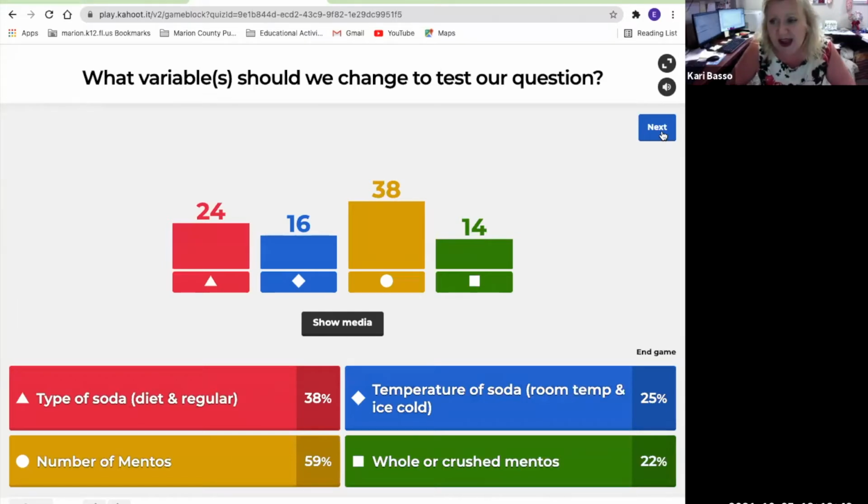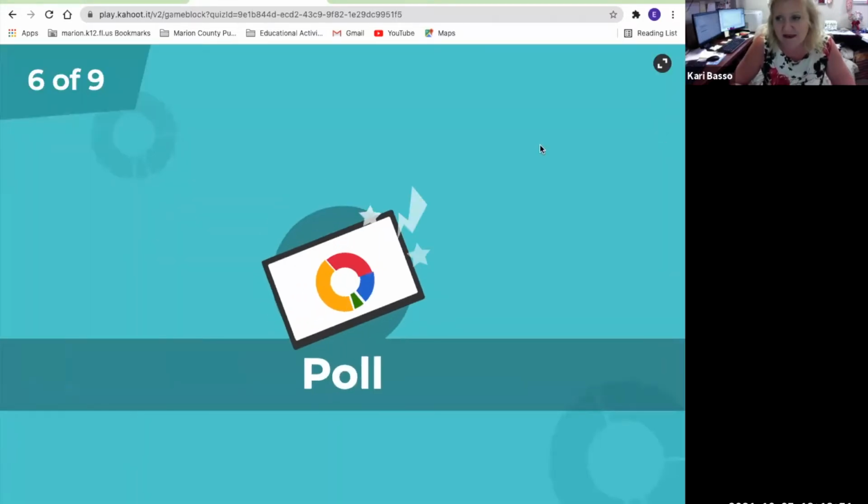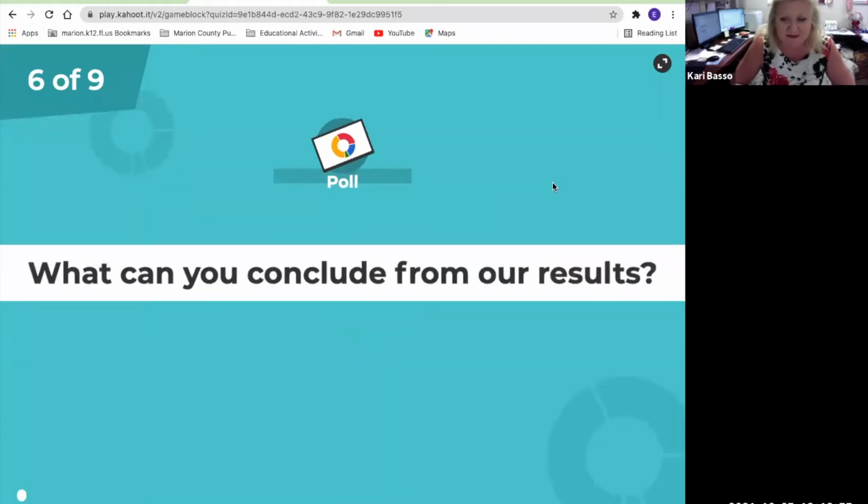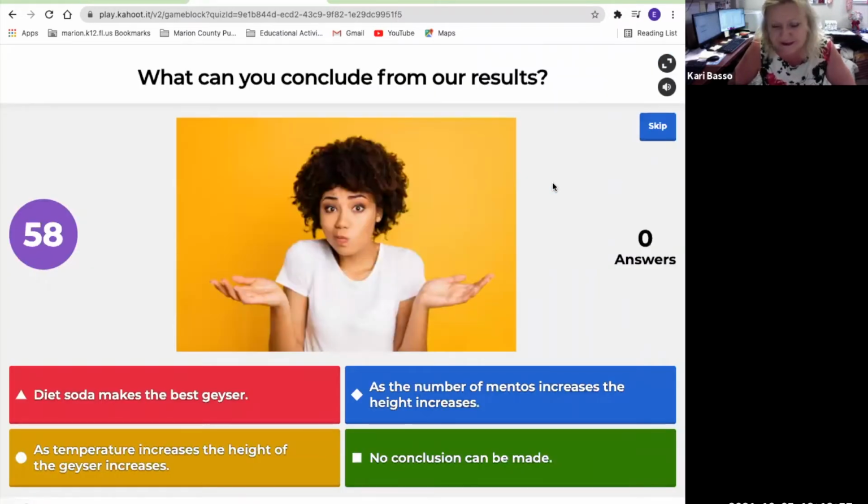So what can we conclude from these results? Do we have answers? Do we think that the number of Mentos increased the height? Or do we think that the soda kind made the difference?